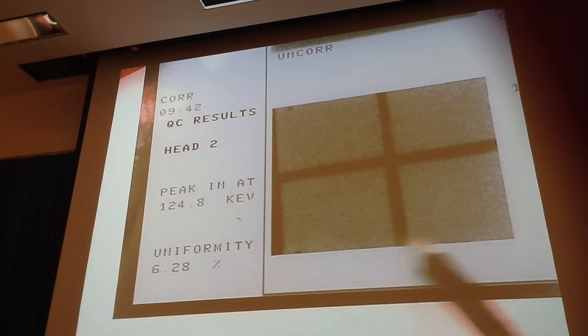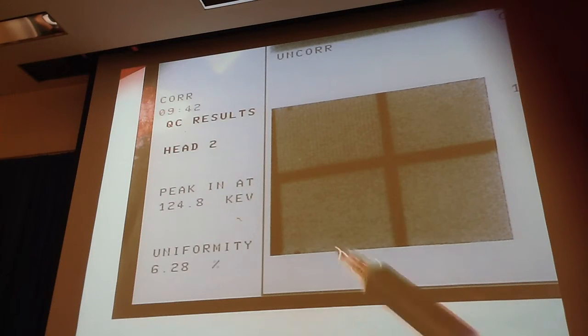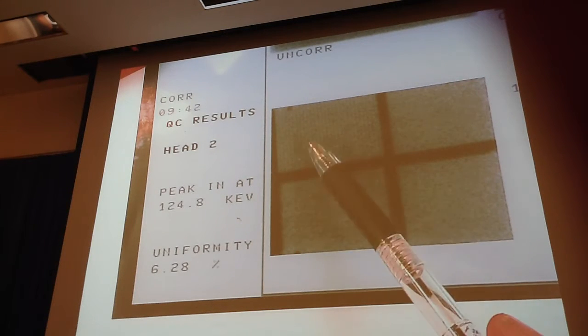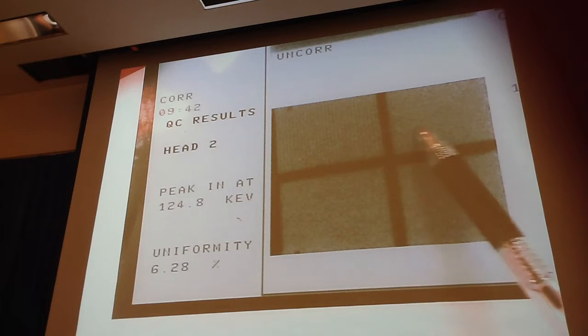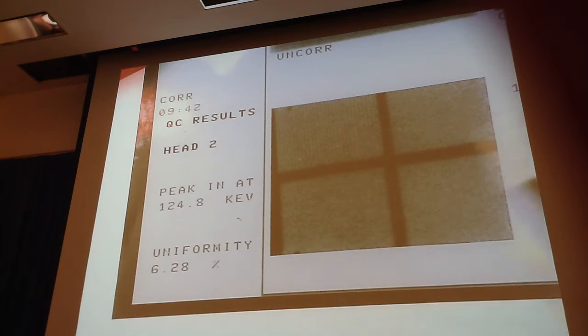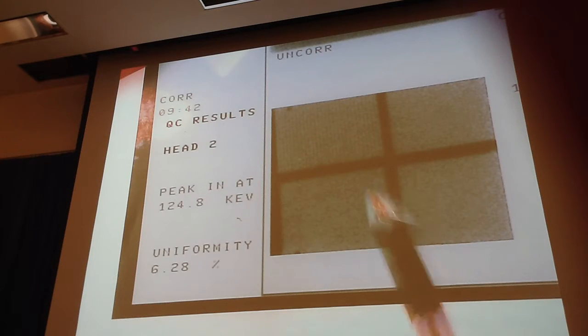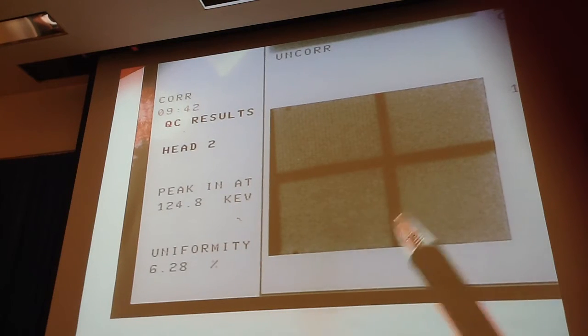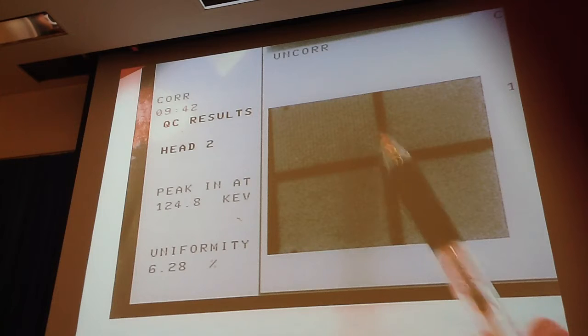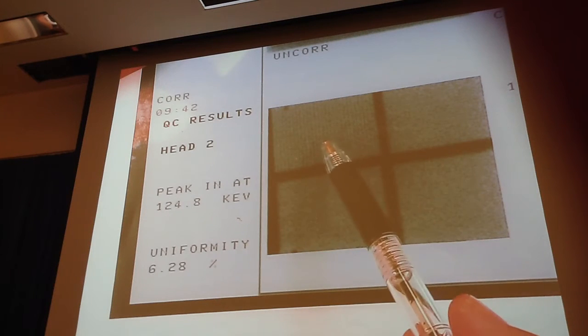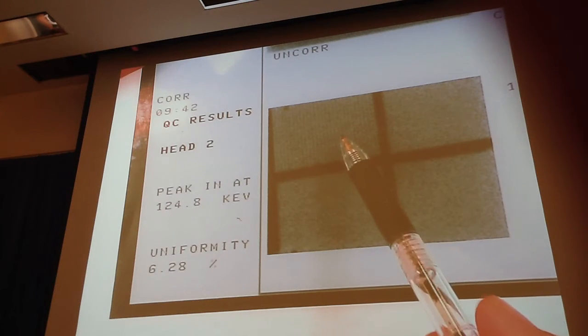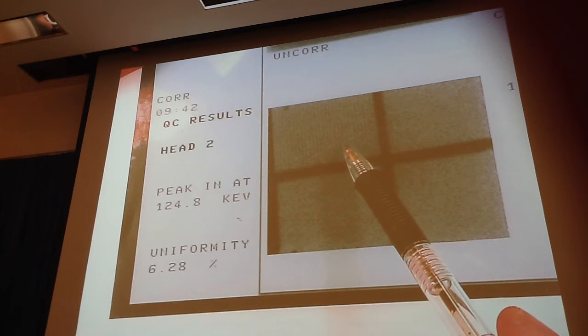But some of the things that are, the correction is pretty great, uniformity, and it's approaching the problem areas, but notice the resolution. Are you guys happy with that resolution? No. That's terrible. The technologist should probably have this thing looked at. There's usually two problems that cause this. Either your camera is going bad, or the phantom that you're using is beyond the resolution of your camera.